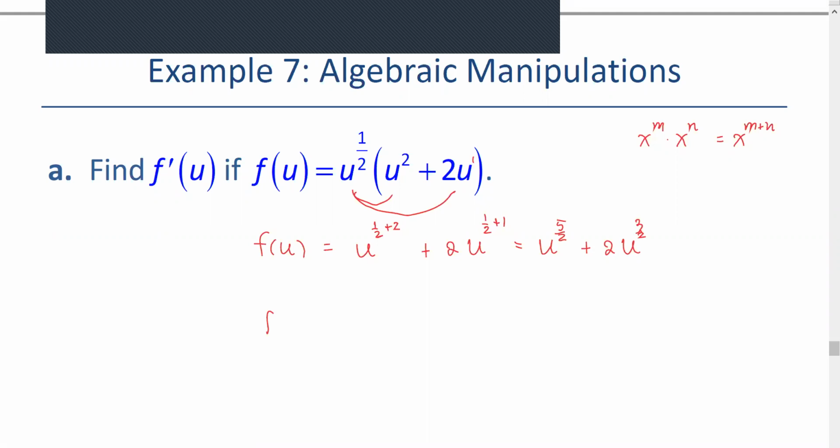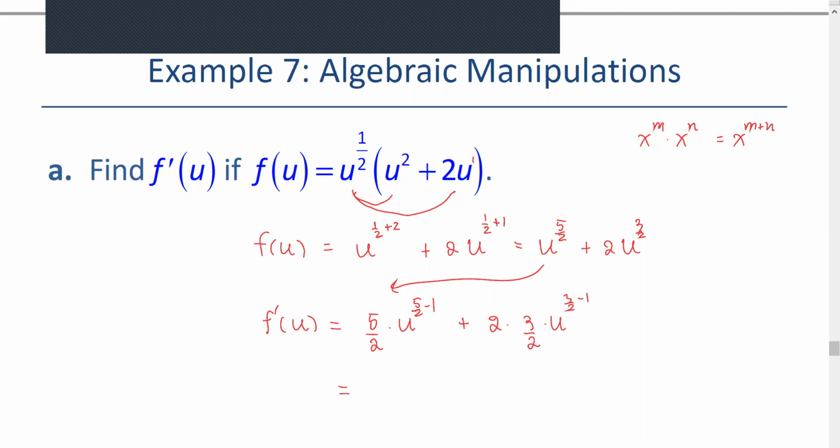And then we are going to find f prime, or the derivative of f with respect to u. Using the power rule, the first term becomes 5 over 2 times u to the 5 over 2 minus 1 plus the second term, 2 as a constant multiple, and then multiply by the derivative of u to the power 3/2, or 3 over 2 times u to the 3 over 2 minus 1.